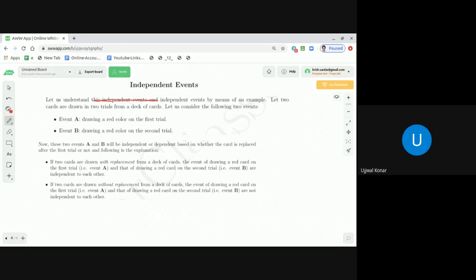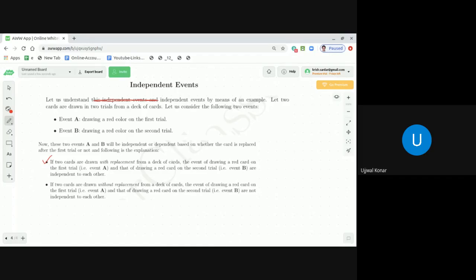If the two cards are drawn with replacement from a deck of cards, the event of drawing a red card on the first trial and that of drawing a red card on the second trial are independent of each other. Why? Because in the first trial, when you draw a red, event A happens, after that you replace that card back into the deck. Then on the eve of the event B happening, as if it is a fresh set of 52 cards.